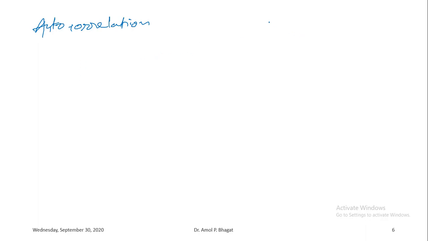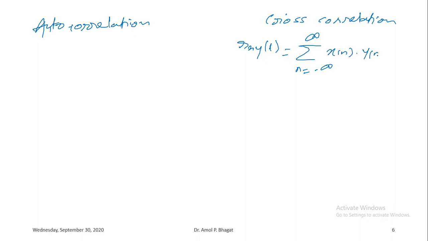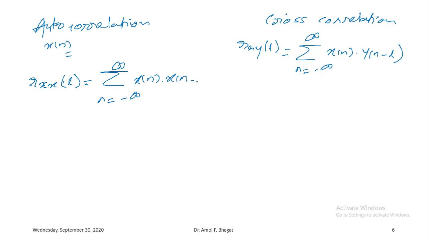So the formula for cross correlation is represented as Rxy of L is equal to the summation from n equals minus infinity to infinity of x of n into y of n minus L. In autocorrelation, x of n will be compared with itself, so the formula will be Rxx of L is equal to the summation from n equals minus infinity to infinity of x of n multiplied by x of n minus L. In cross correlation there are two different signals, x of n and y of n, but in autocorrelation you compare the same signal with itself, which might be a delayed version of the original signal.